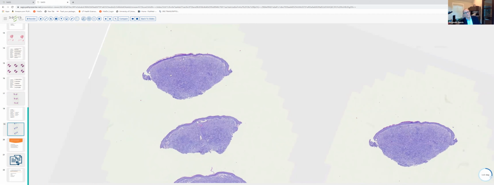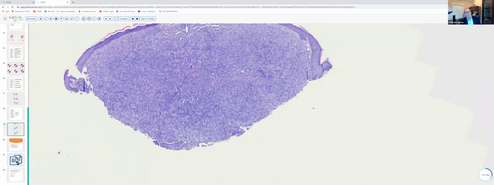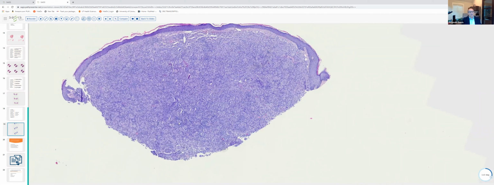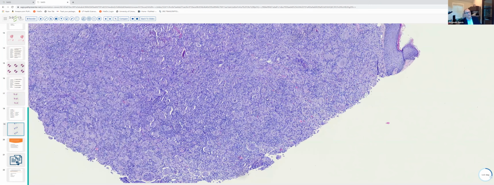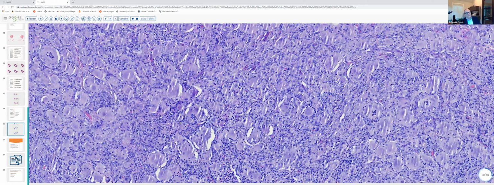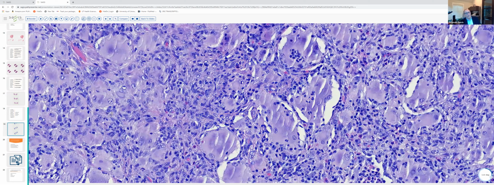It's filling the dermis. As we move to higher power, you can see that there are light and dark staining areas. And in the darker staining areas, we've got a lot of round dark nuclei, highly suggestive of lymphoid cells. And then we've got a population of very large histiocytes. And these histiocytes have a very distinct two-tone cytoplasm.